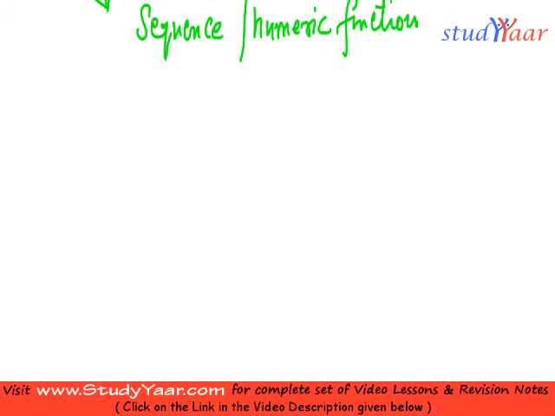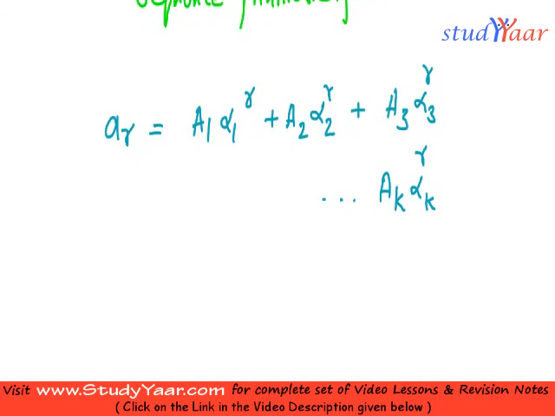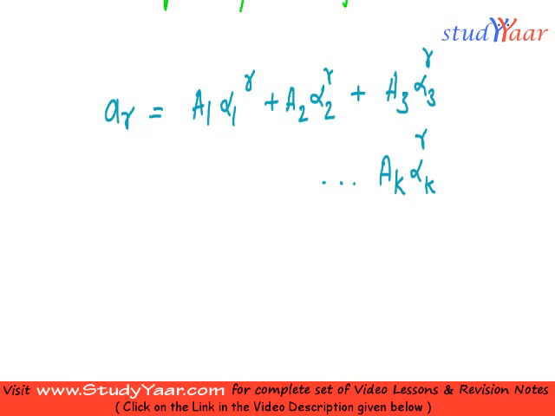For a homogeneous recurrence relation, the solution is given by a_r is equal to A1 alpha 1 raised to r plus A2 alpha 2 raised to r plus A3 alpha 3 raised to r up till Ak alpha k raised to r, where what are these alpha 1, alpha 2, alpha 3, alpha k?